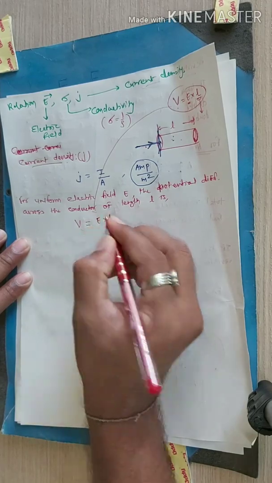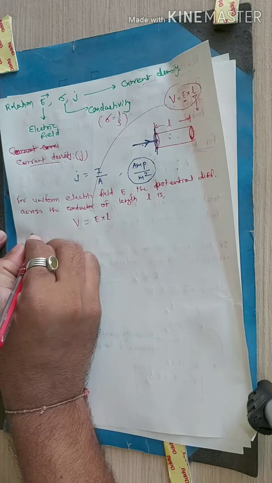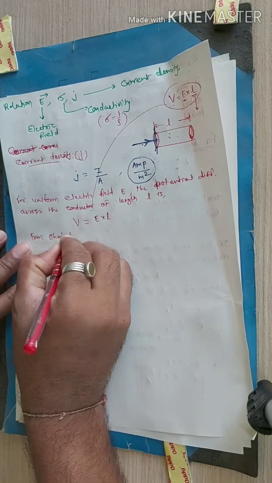So potential difference V is equal to, we will use these equations over here, V is equal to E into L. E is the electric field and L is the length.